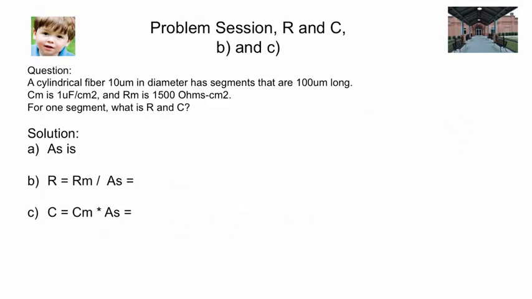Now we need to find the actual resistance and the capacitance for this segment. As was explained in earlier segments, the calculation itself is quite easy. The resistance will be the membrane resistance, 1500, divided by whatever you found for AS. That result will be in ohms.